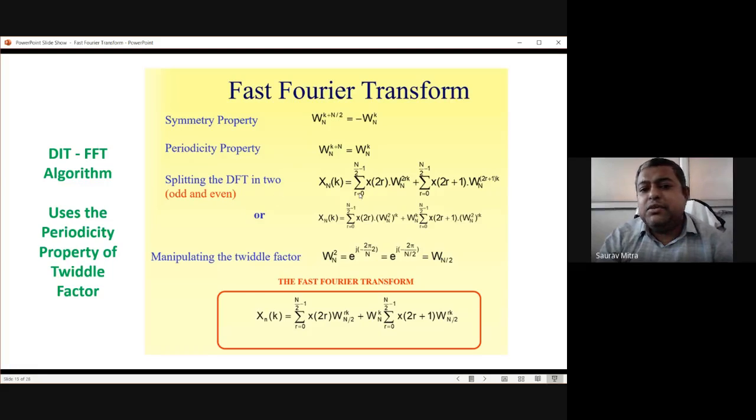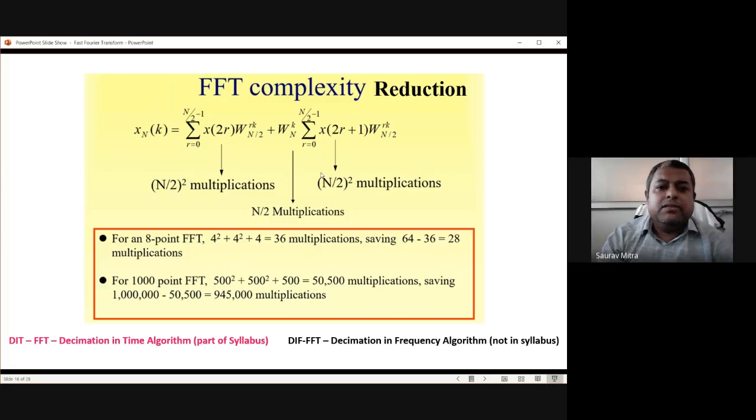So we split the DFT into two parts, the even part and the odd part, and manipulate the Twiddle factor. As they are complex conjugates, the manipulation becomes easy. This is the fast Fourier transform formula: the first part is the even part, the second part is the odd part. Now, how is the FFT complexity reduction done?